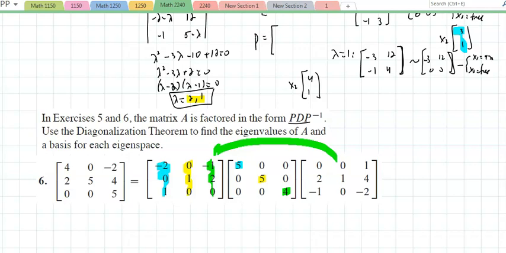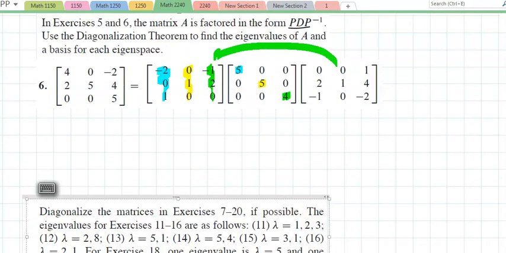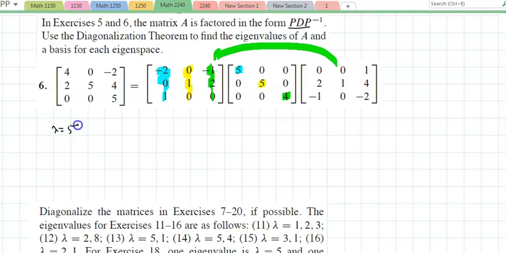In 5 and 6, matrix A is factored into P, D, P inverse. Use the diagonalization theorem to find the eigenvalues of A and the basis for each eigenspace. Well, we know that lambda equal 5 will really correspond to negative 2, 0, 1. We know that lambda equal 5 corresponds to 0, 1, 0.